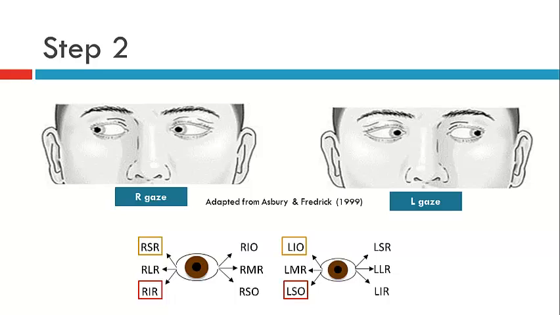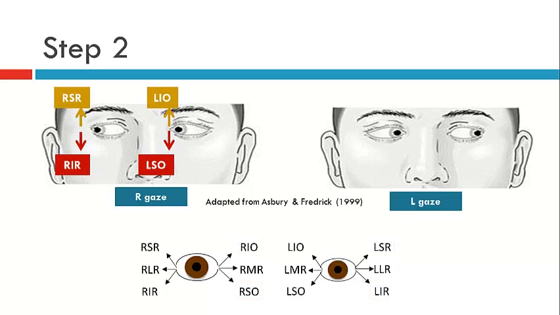And when the patient moves over to the left, then we have the other set of 4 muscles that could potentially be affected: the right inferior oblique, right superior oblique, left superior rectus, left inferior rectus. And if we have a look again at the images above, just reiterating, when we look over into right gaze, these are the 4 vertical muscles that could impact on the vertical deviation in this position.